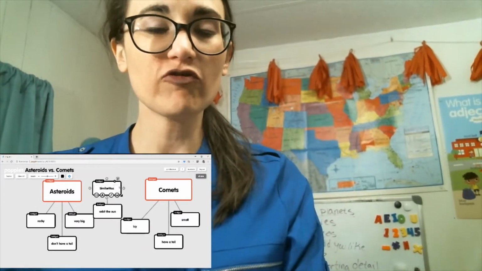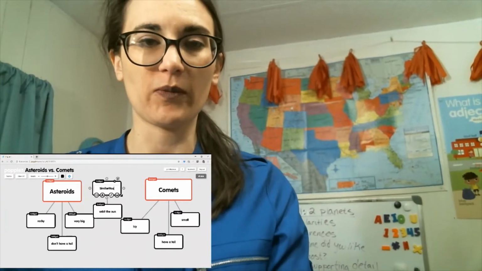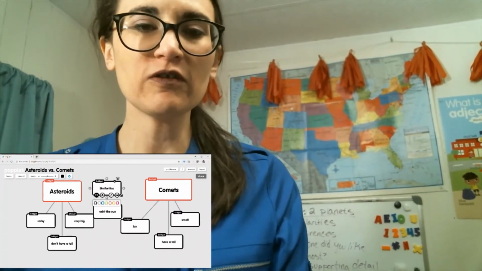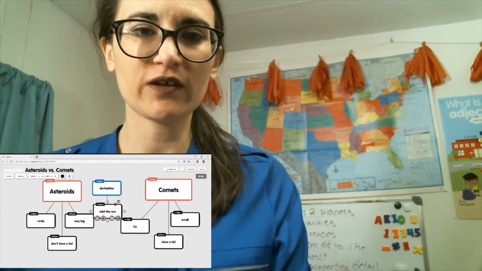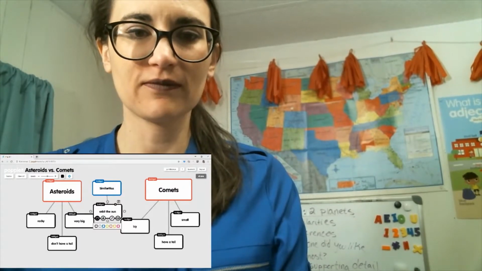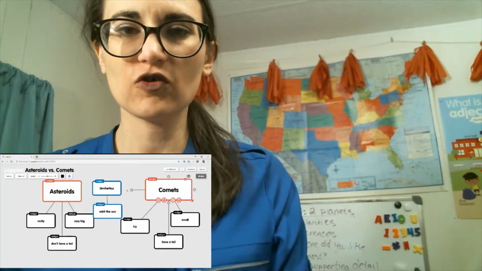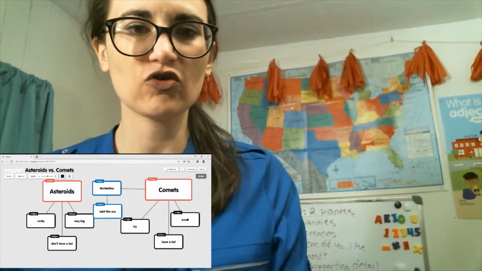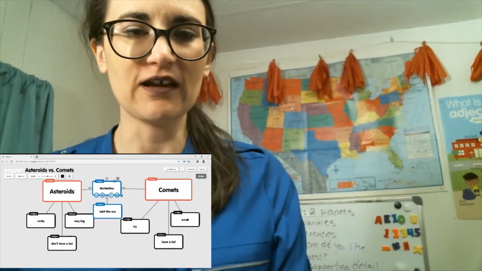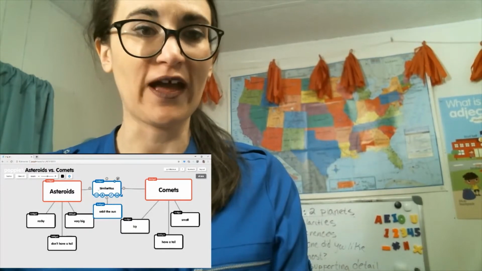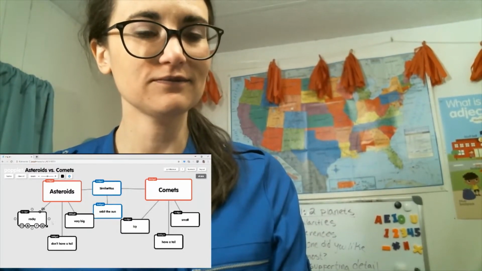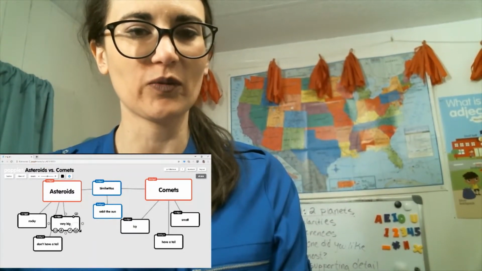Now remember, you can change the colors of these popples, the little bubbles too. So I'm going to make the similarities blue because I want those to stand out. Okay. I'm also going to connect these to my main ideas because I want to show that these are things that they both have in common. Okay, let's move these around a little bit.